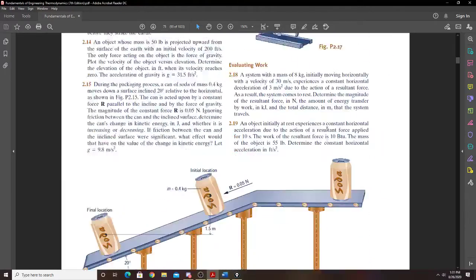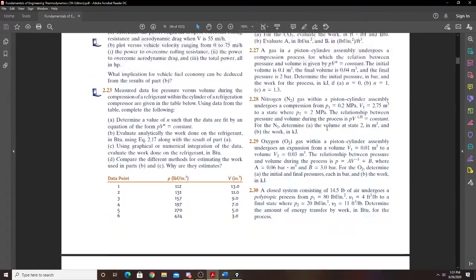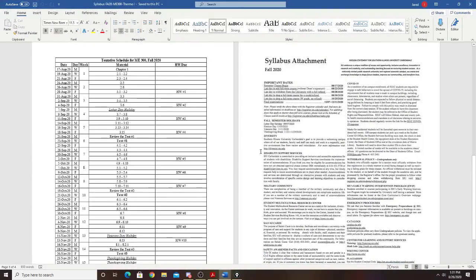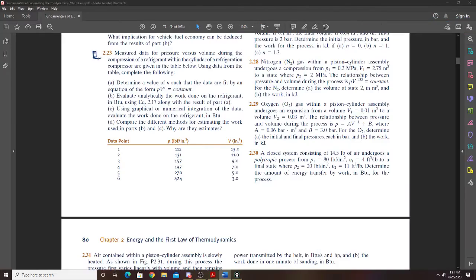Let me see, we should find one in here somewhere. Although I wonder if he has an example on here. He might actually have an example to do. I will go find that. Let's take a look. Okay.